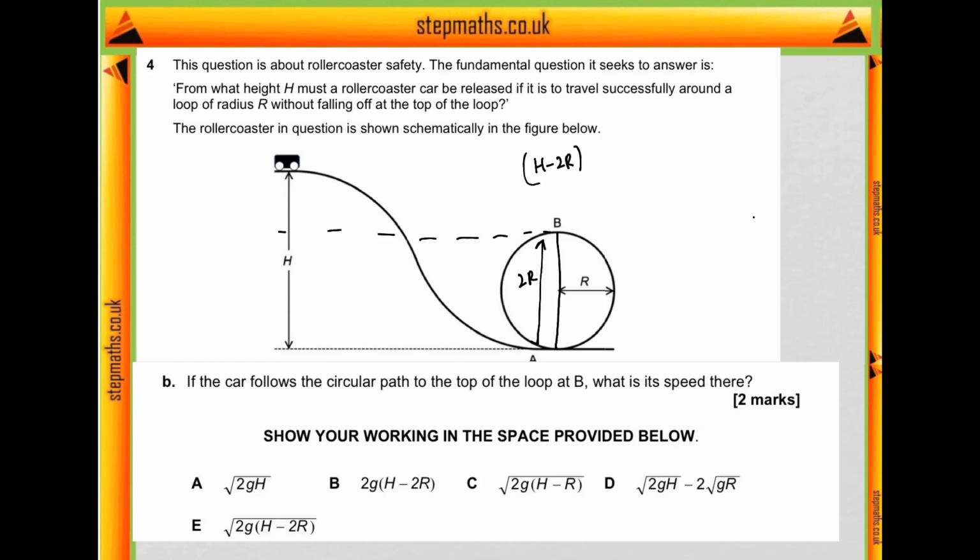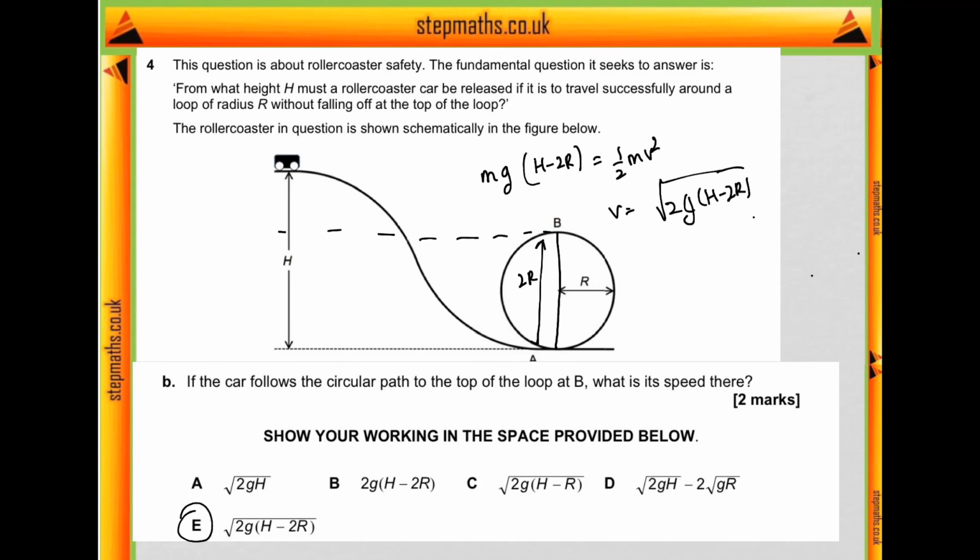Therefore, the change in gravitational potential energy is just mg times that, and this must be equal to the kinetic energy, half mv squared. Therefore, v equals the square root of 2g(h minus 2r). Okay, so we have the expression for v now, so therefore the answer is E.